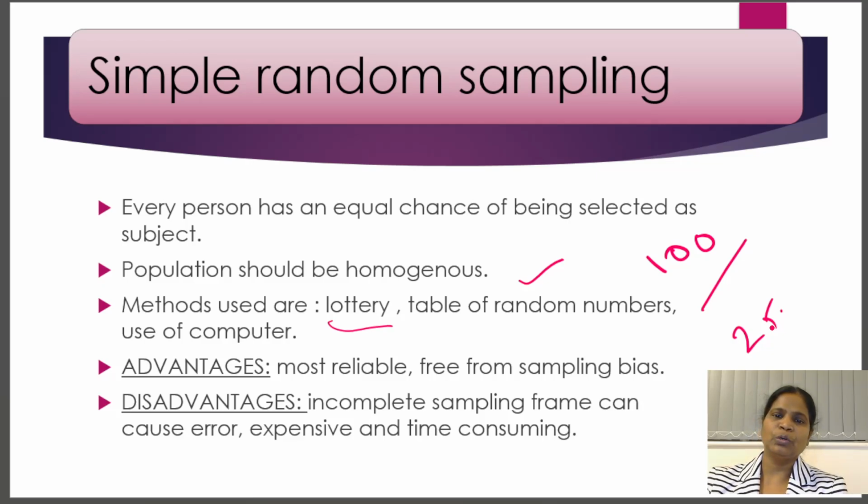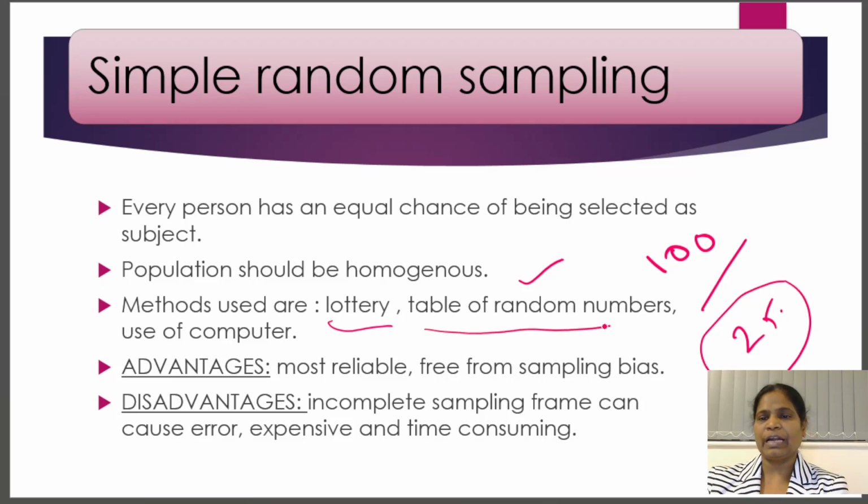We make chits of 100 slips and put them in a jar, randomly take a slip, and whosoever's roll number comes is involved in the study, and we end it at 25. So, by the lottery method, a table of random numbers, or the use of computers.